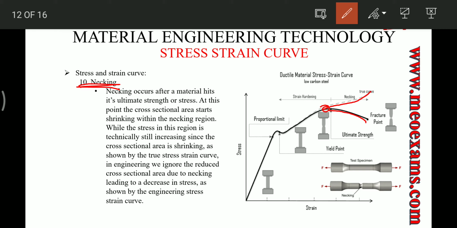This graph is going down because for calculating the engineering stresses, we are ignoring the reduction in the cross section area. That is why this graph is going downward, but in actual practice it goes upward. This is called the true curve, whereas this is called the engineering curve.